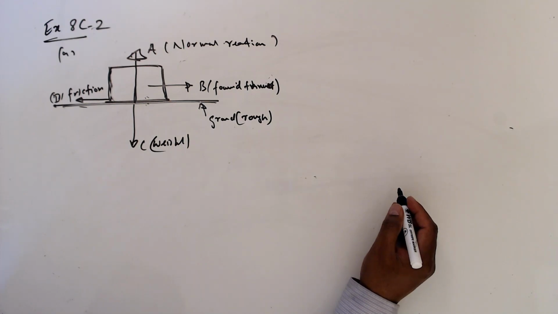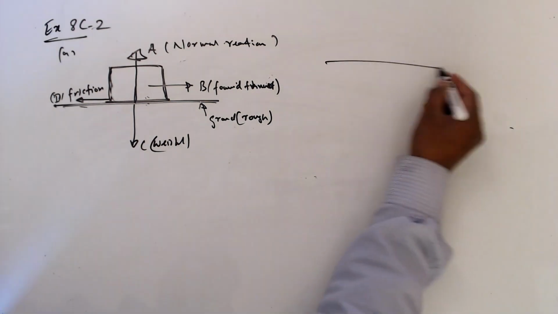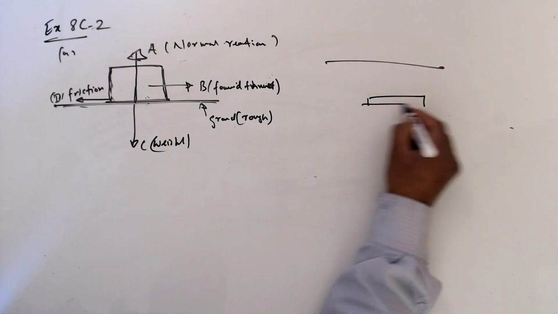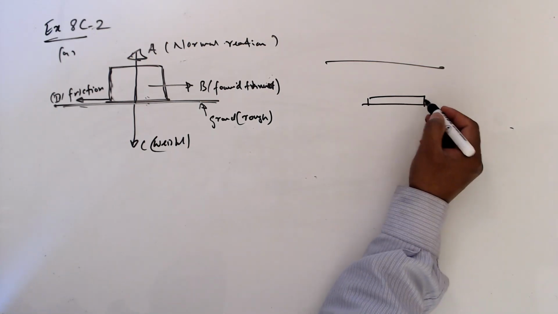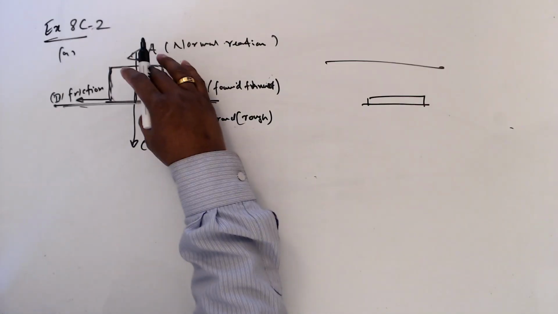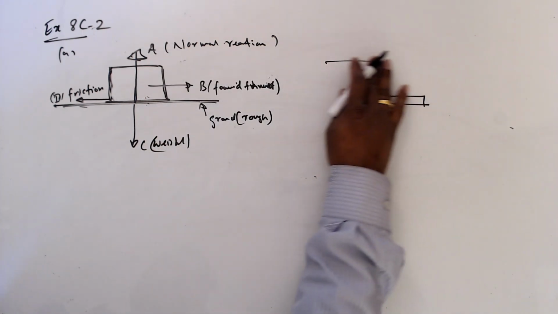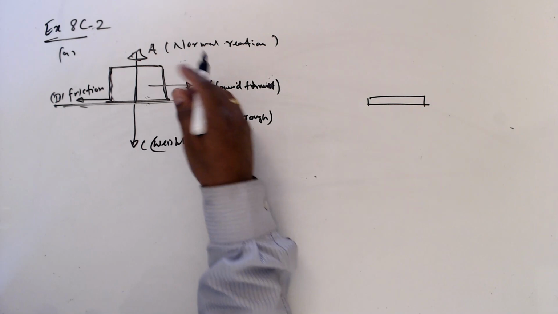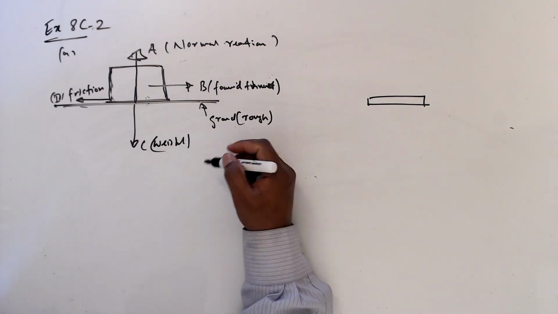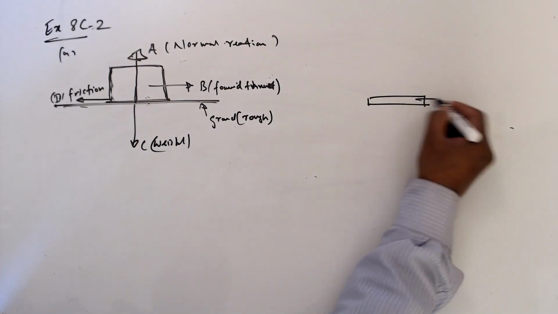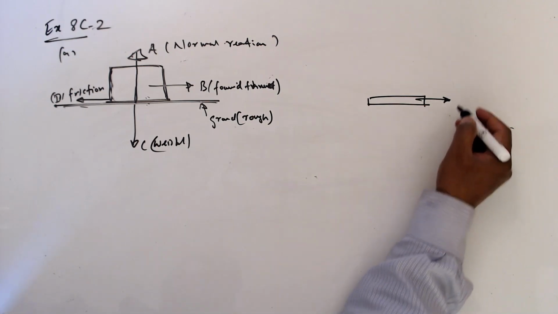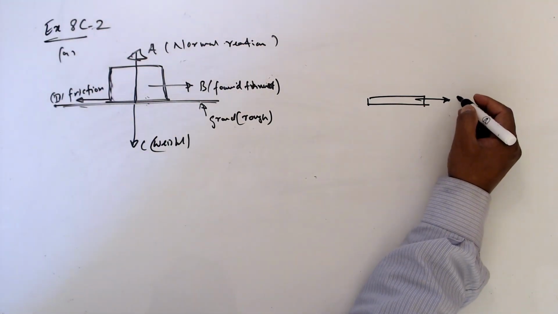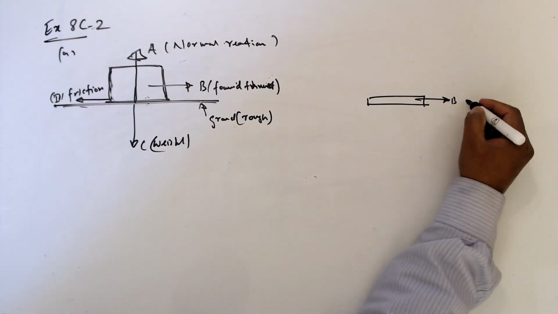Part B, a man swimming through the water. Assume that it's like a car. The forward thrust generated by the motor, likewise, is forward thrust generated by the hand. So B is going to be forward thrust again.